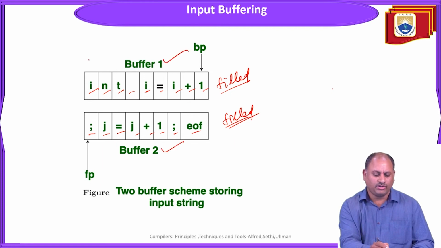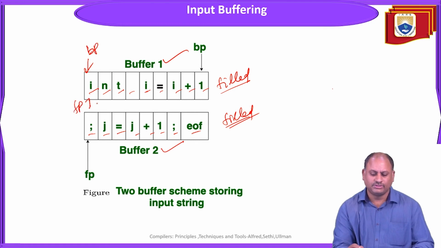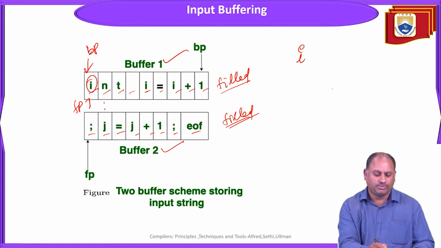While reading, we are going to use the pointers, the lexeme begin pointer and the forward pointer. First I read the character i and then move the forward pointer, read the second character and read one more character. After the third character, the forward pointer reaches a space. So here the space is considered.